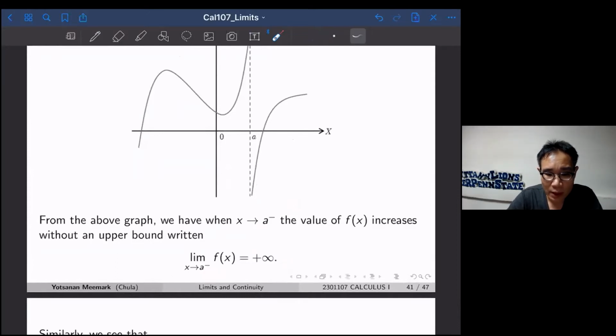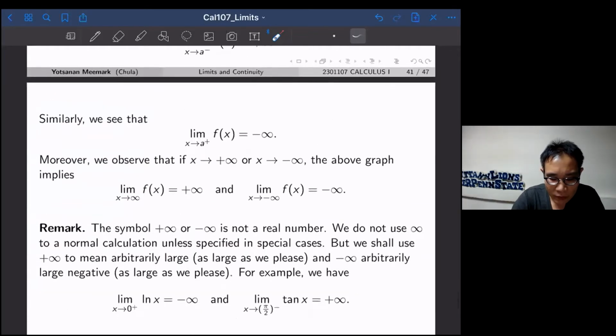So it means that f(x) turns out to be very large. And similarly, limit x goes to A from the right of f(x) equals negative infinity. So it's going to be very large negative, like negative 10 to the 6 or something, as I used to mention earlier.